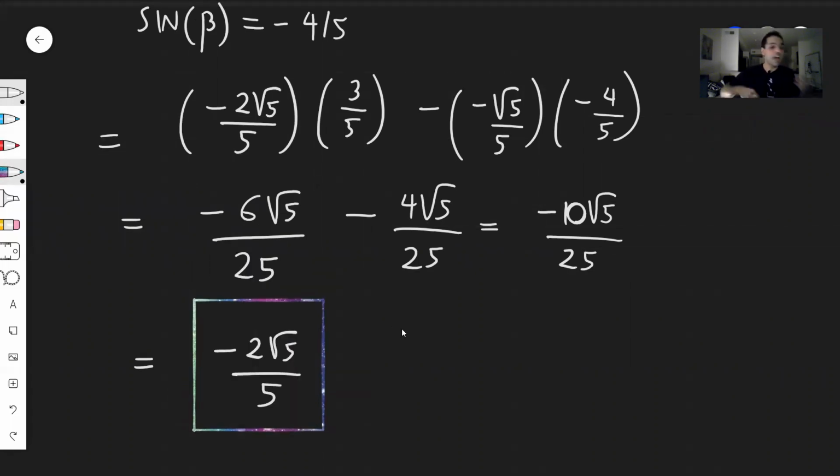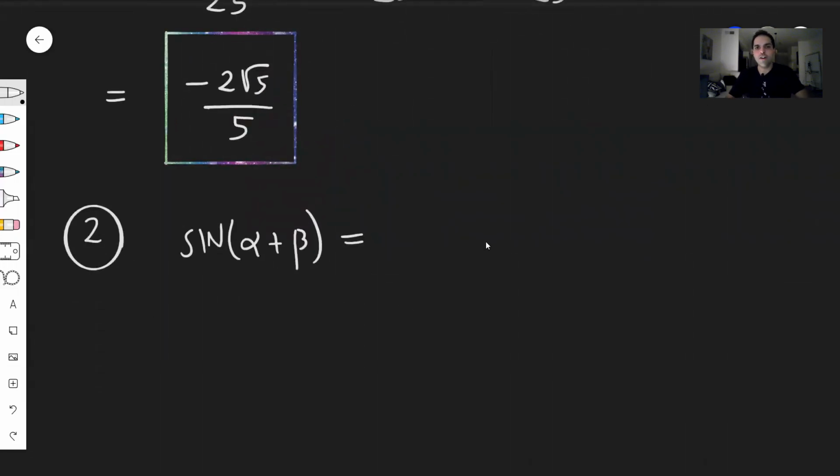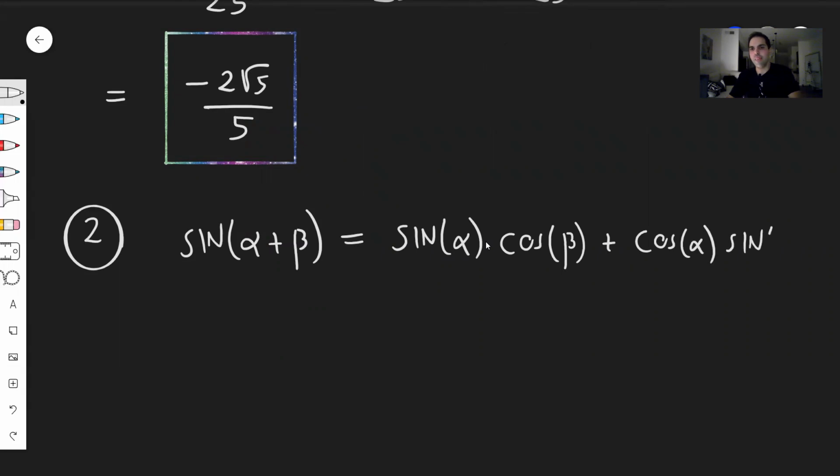All right, that was cosine. And well, we still have sine and tangent, but the good news is we already found everything that we wanted. So how about the next question? Sine of alpha plus beta. Well, remember the formula, it becomes sine of alpha cosine of beta plus cosine of alpha sine of beta.